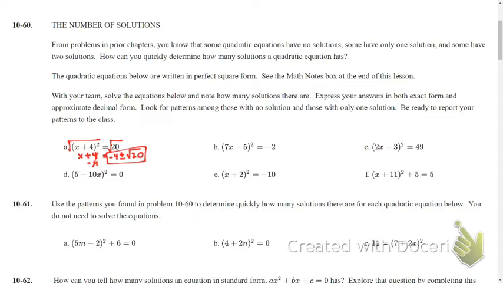Okay, we'll do the same thing with problem B. Set up the exact same way. I'm going to square root it to undo that second power. I get 7x minus 5 equals, I have the square root of a negative 2. All right, so this one is a little bit tricky. I'm not going to solve this one all the way because at this point I know I'm not going to have a real solution, right?